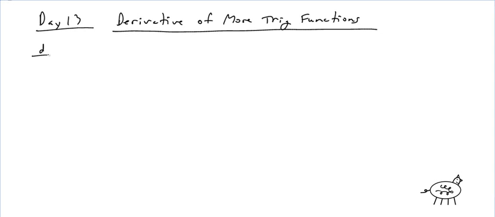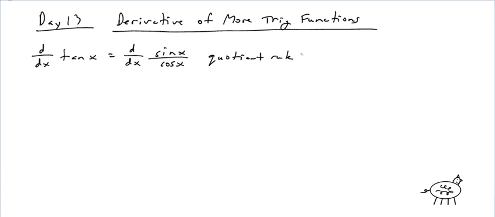So let's start out here, d by dx of tangent of x. Well, I can rewrite that as d by dx of sine of x over cosine of x. And then what are you going to use? We're going to use the quotient rule. So d by dx equals bottom times derivative of the top.